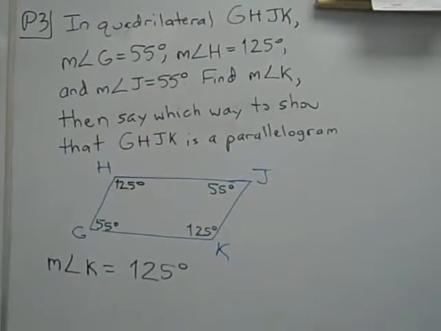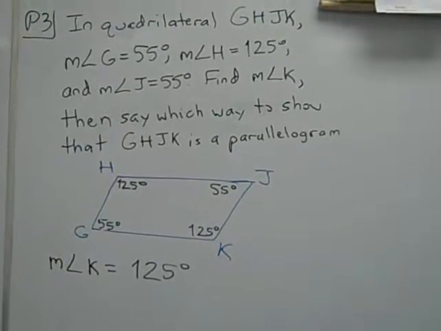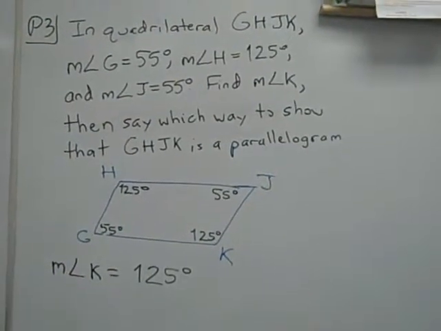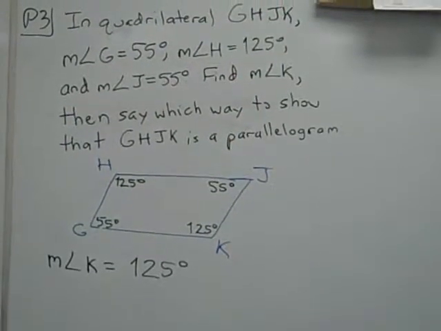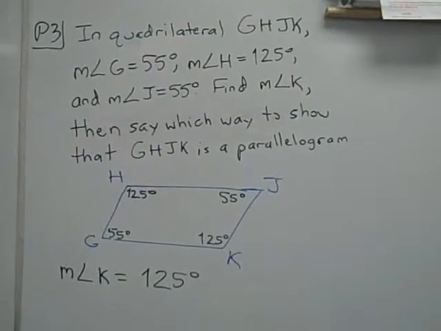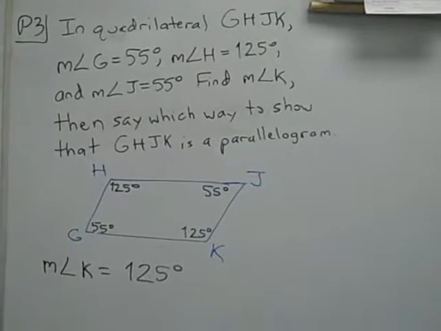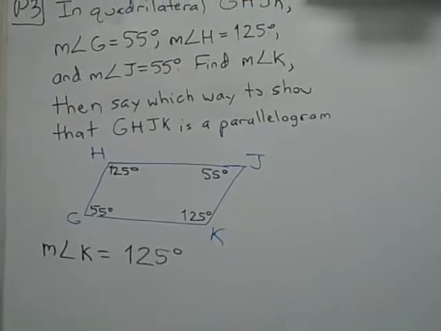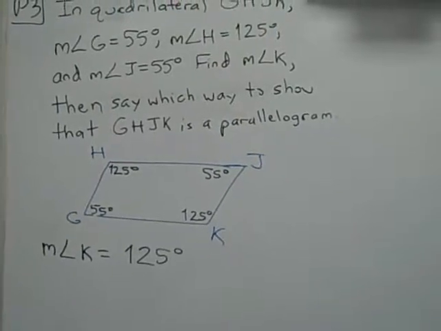And we just proved it, because we know that H and K are opposite angles. So do you remember which way, based on the 5 ways I told you, that shows that a quadrilateral is a parallelogram that we're going to use here? Yes. We're going to use way number 3.